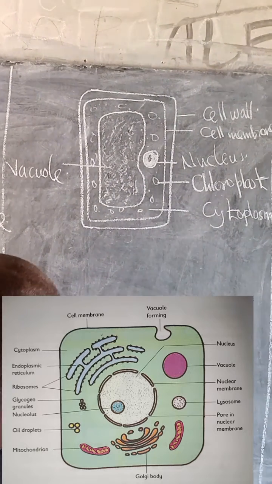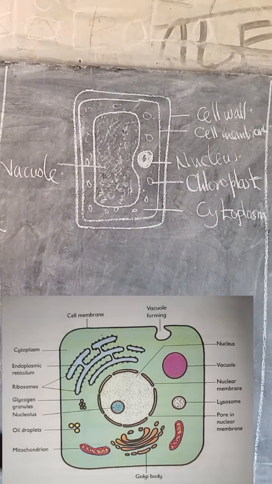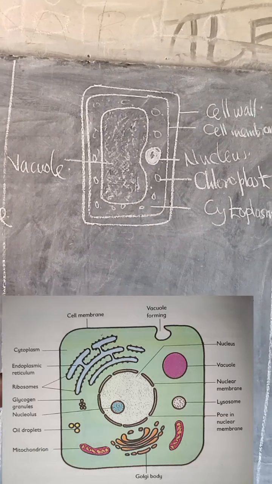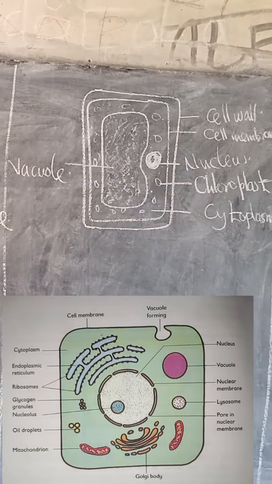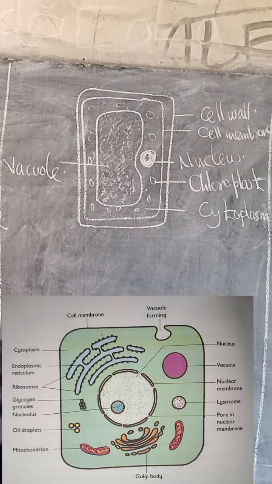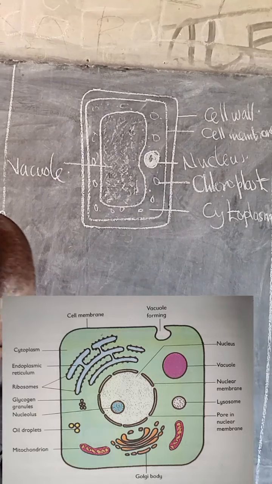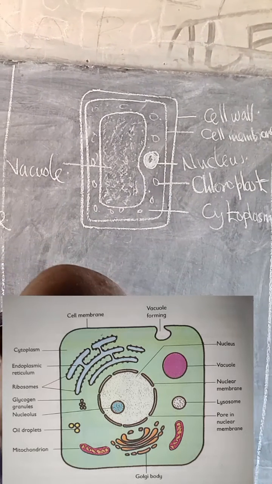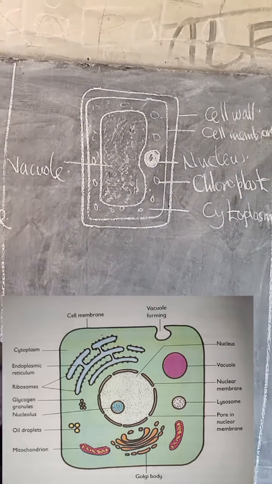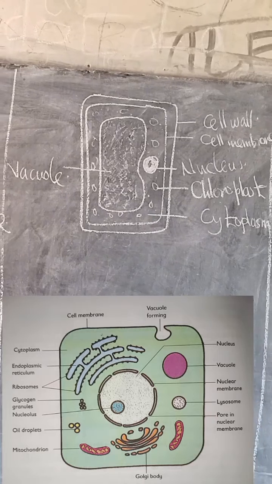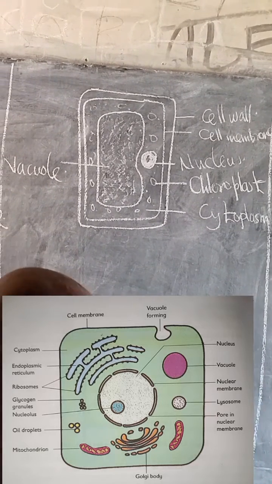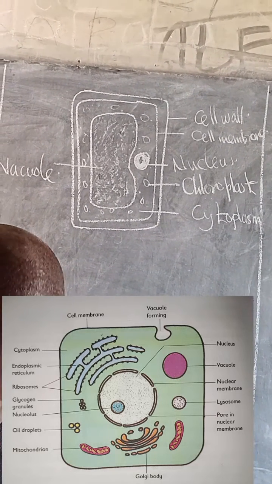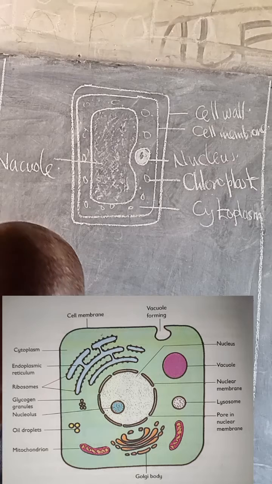Then you will also see that within the animal cell, there is also the nuclear membrane with the nuclear pore. Then there is the endoplasmic reticulum that we also see, and it also possesses the mitochondria and the nucleolus, which is also seen within the nuclear membrane.